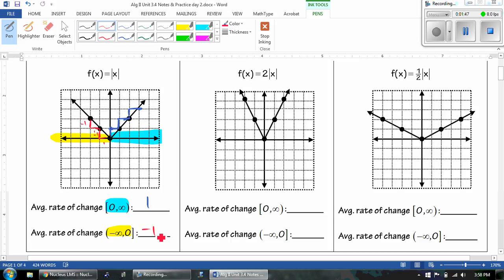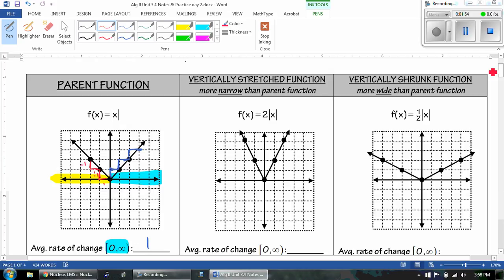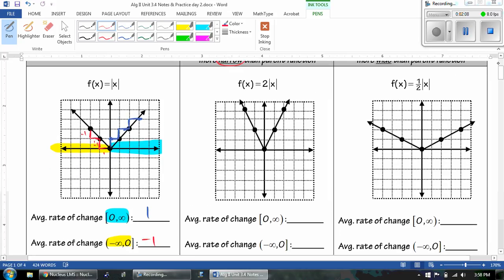Now, when we're looking at our next function, the graph looks a lot different. It's getting stretched. Another way to say that is that it's getting more narrow than the parent function. So the big difference is the number that is out front. It's a positive 2, and let's look to see what happens when we're at 0 to infinity.